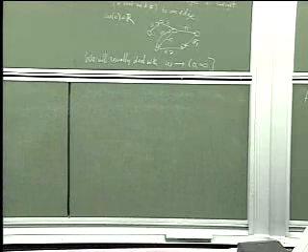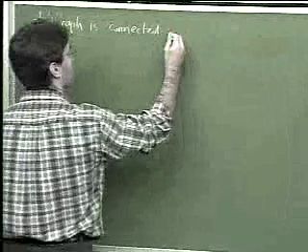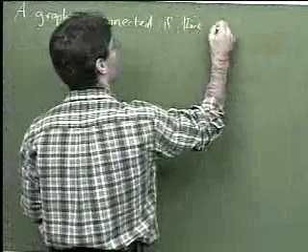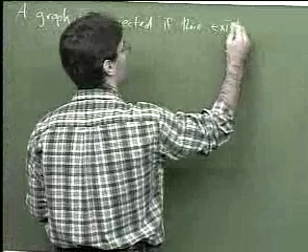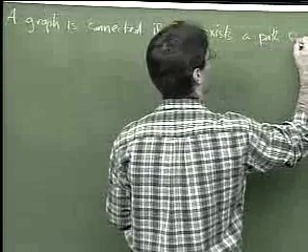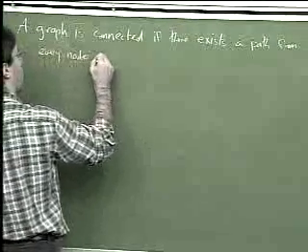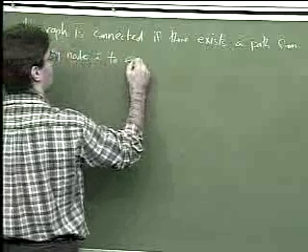Well, the graph is connected if there exists a path from every node i to every other node j.